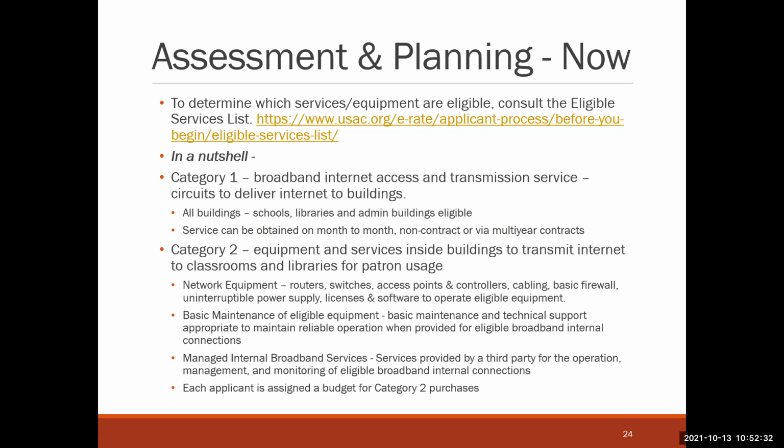So in a nutshell, category 1, which is not limited, there's no budget for category 1, is going to be broadband internet access and transmission service. And transmission service is a fancy way of saying these are the high-speed circuits that are used for building-to-building connections, like a wide area network, or the circuit is the facility that the internet travels over to deliver internet to your buildings.